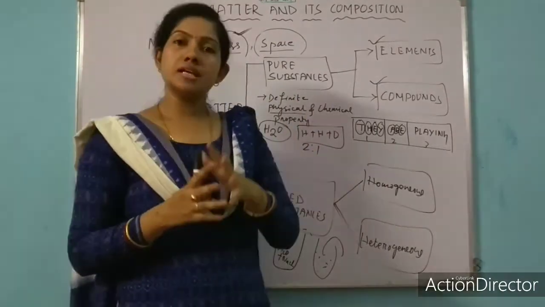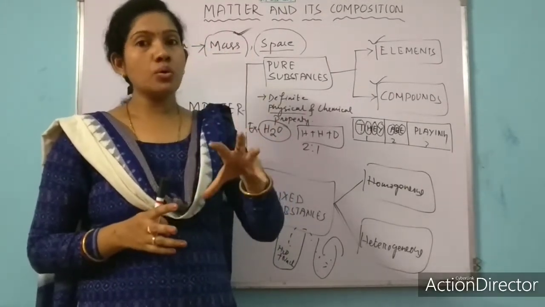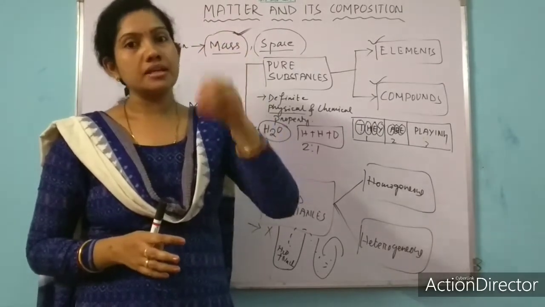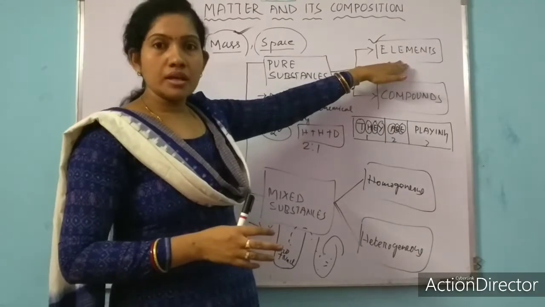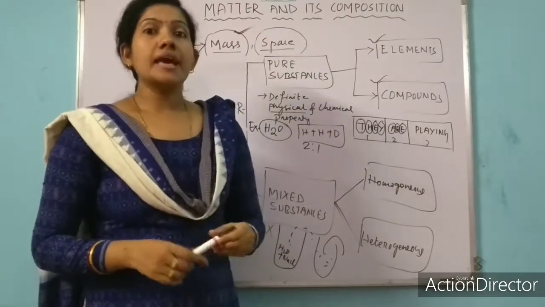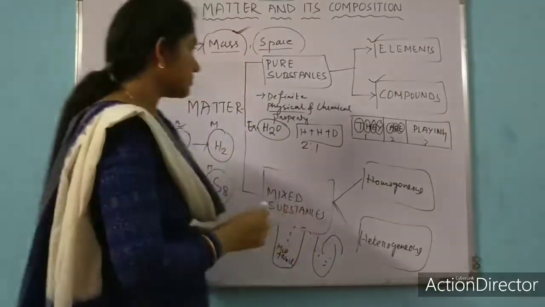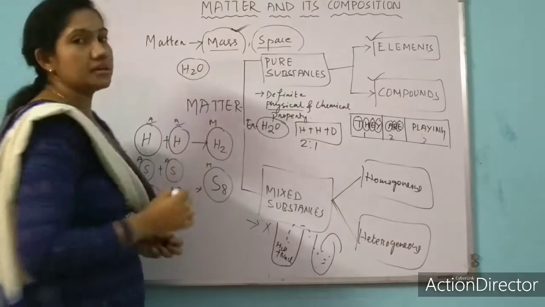We can take an example of a piece of gold. A piece of gold contains only gold atoms in it, so that is an element. We cannot take H2O as an element. Just find out the difference. Why?